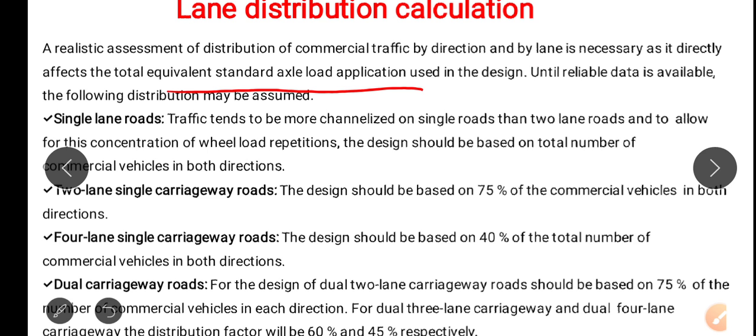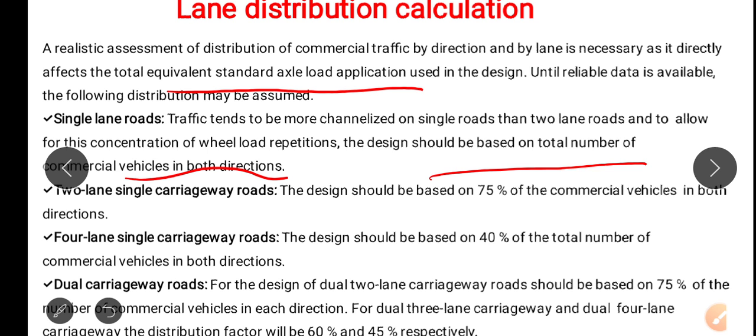How? In case of single lane roads, traffic tends to be more channelized than on two-lane roads, and to allow for this concentration of wheel load repetitions, the design should be based on the total number of commercial vehicles in both directions.